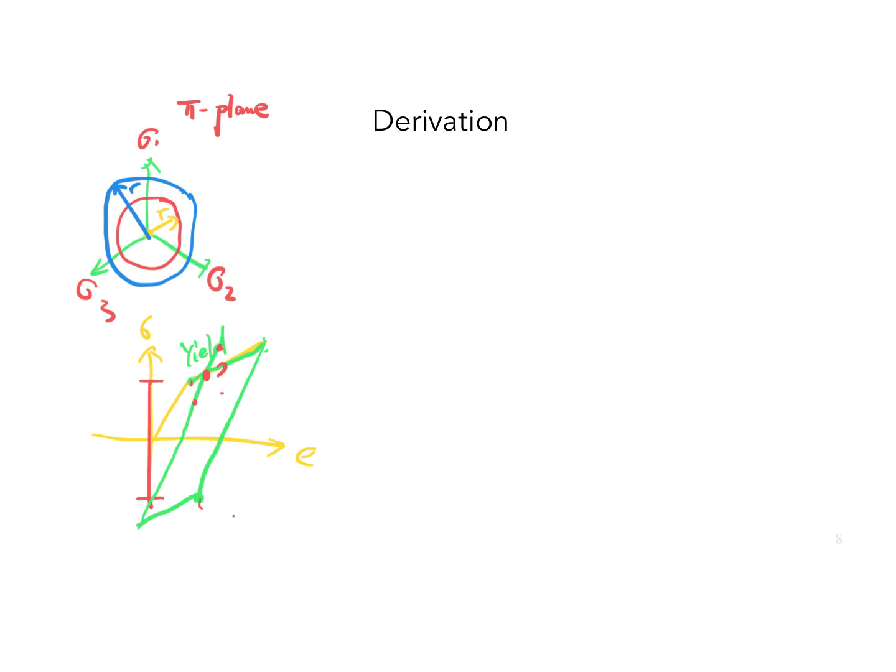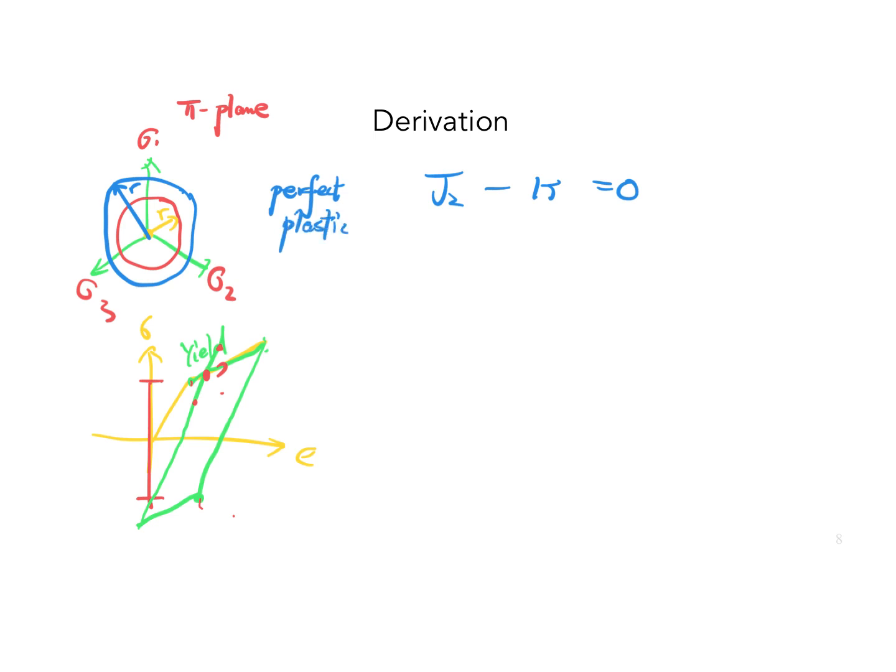If you represent it in J2 plasticity, I would write the yield function simply as J2 minus k equal to 0. This is the perfect plasticity.